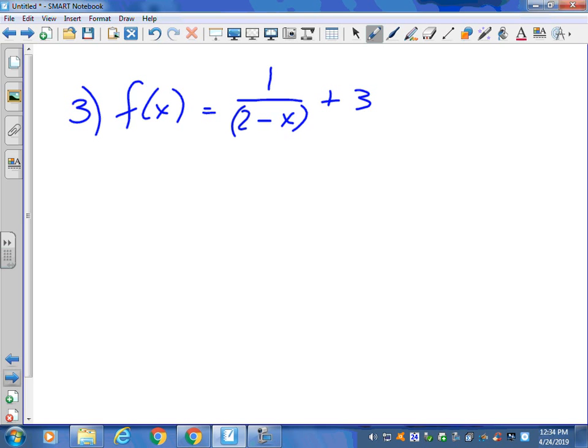If I plug 2 in that, is it still 0? Everybody agree? I didn't change the value of what makes it 0, did I? If I set 2 minus x equal to 0, negative x is equal to negative 2, x is equal to positive 2 if you divide by negative 1.